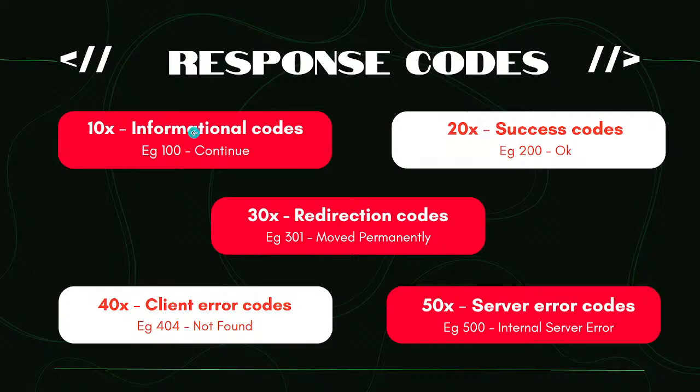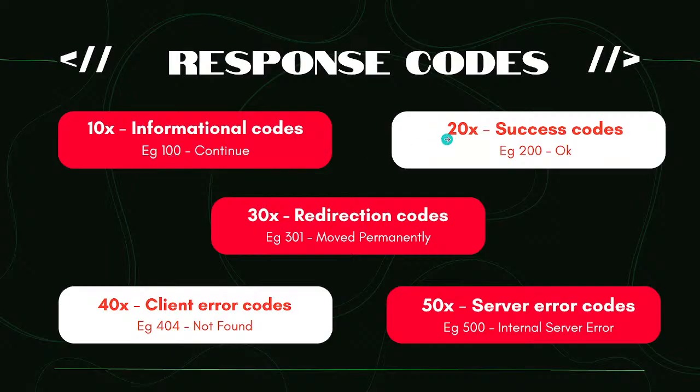There is a range that starts from 100 and goes till 500, and every range is divided into hundreds. The first hundreds, like 100, are informational codes, like Continue.